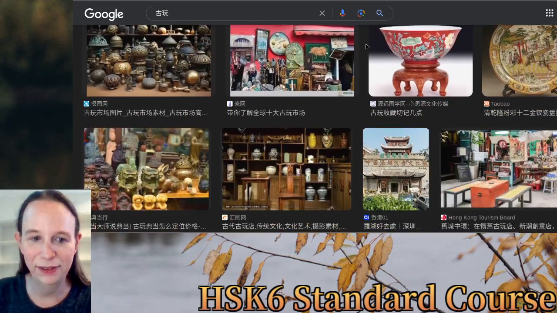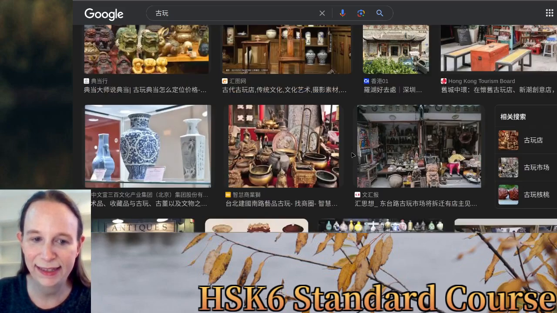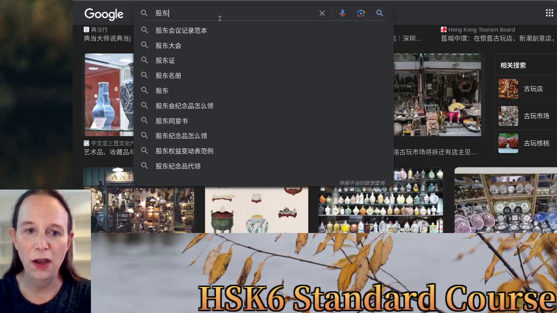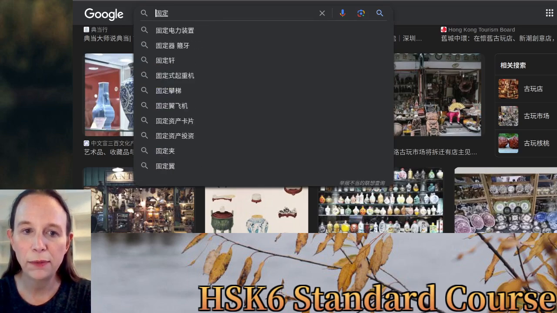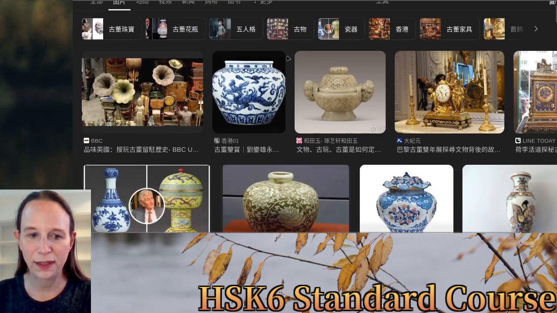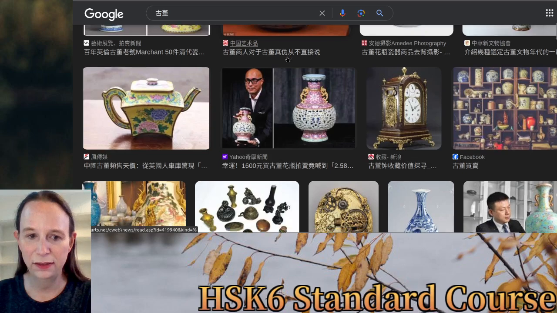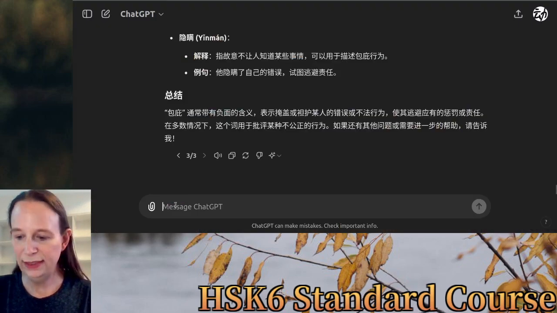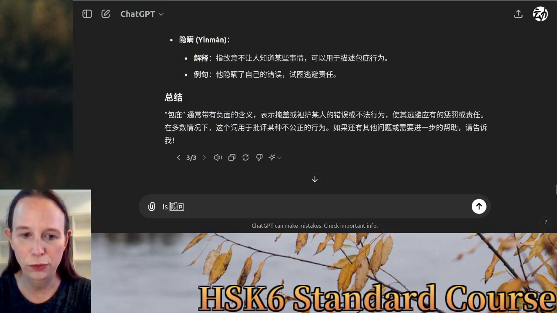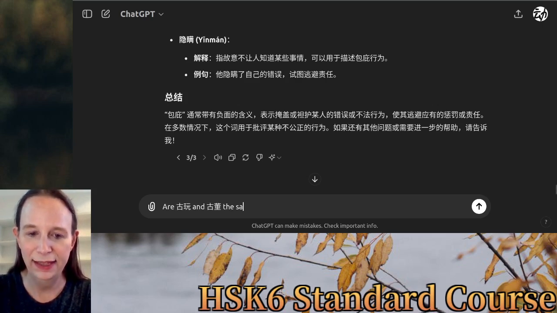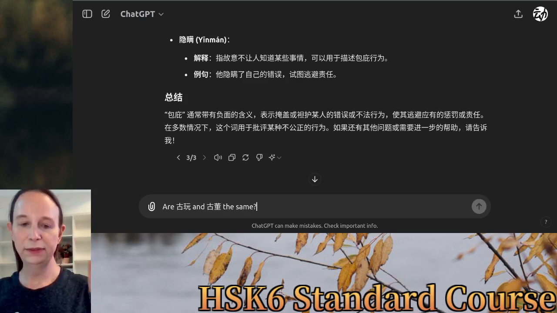Looks kind of like antiques. Not necessarily toys. And what's 古董? Maybe 古董 also includes furniture? I don't know. Maybe I should say 古玩 and 古董 the same?